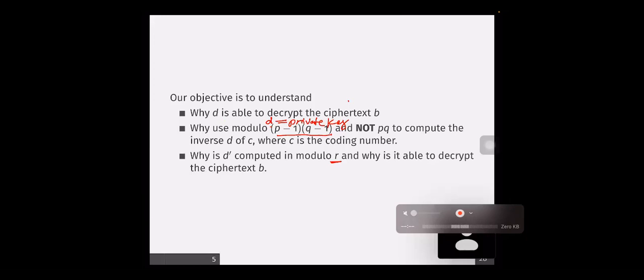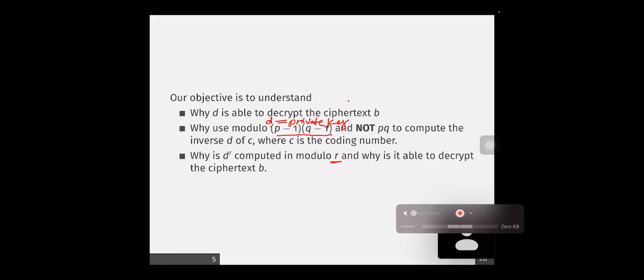What we're doing in Shor's algorithm is actually computing the period. And when we get the period, this is the base of our modulo. So given the encoding number, we get the inverse of the encoding number modulo R, and that is D prime.